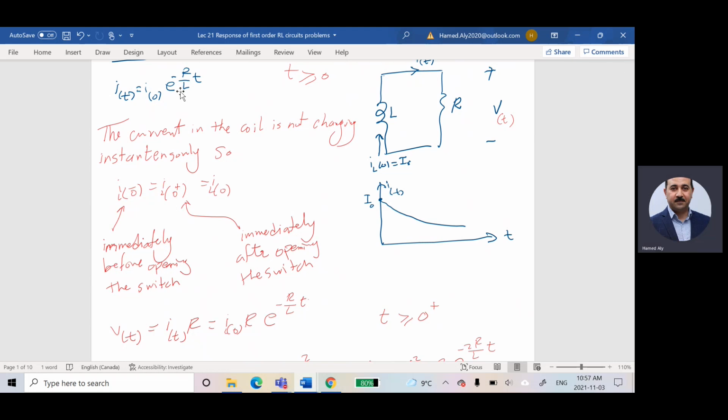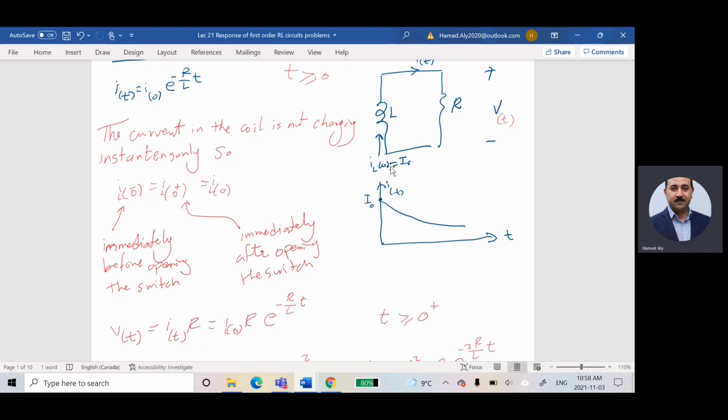And from the beginning, I told you that the voltage is equal to that voltage in magnitude, but with opposite polarity, right? You have a question? Okay. Any question, guys?